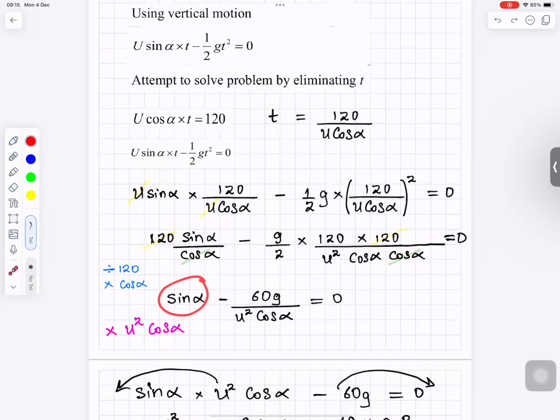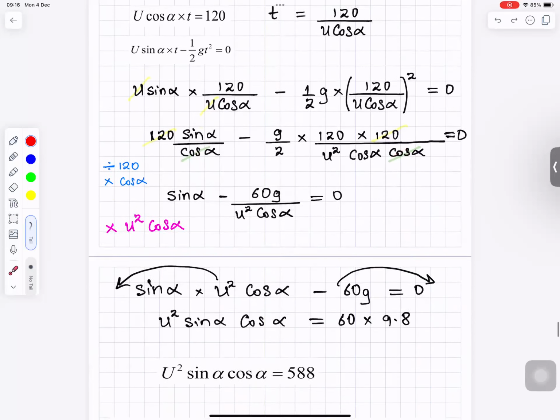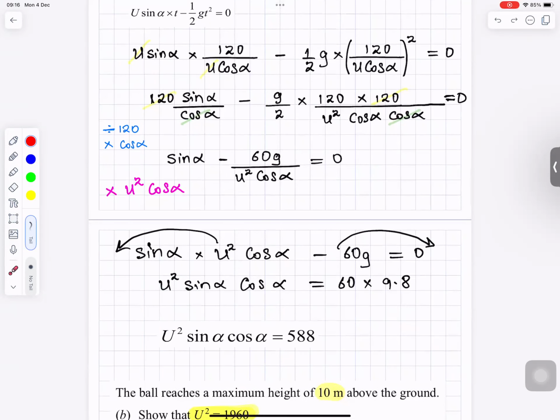So you end up with sine alpha minus 60g, because 120 divided by 2 is 60, over u squared cos alpha equals 0. You can multiply all of them by u squared cos alpha, so you get sine alpha times u squared cos alpha minus 60g equals 0.